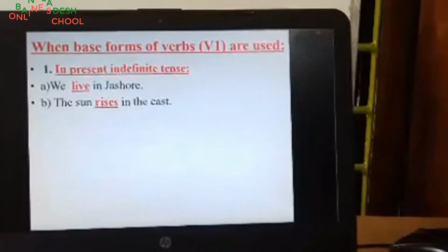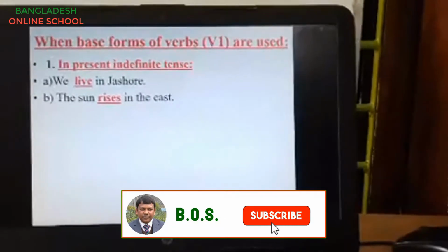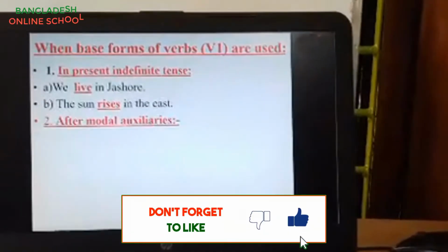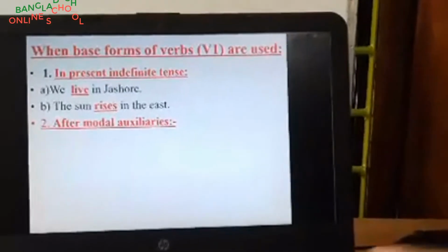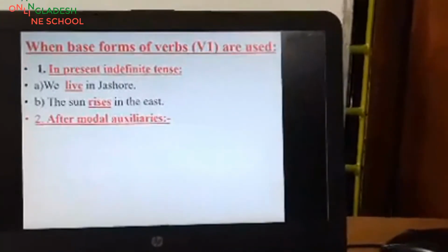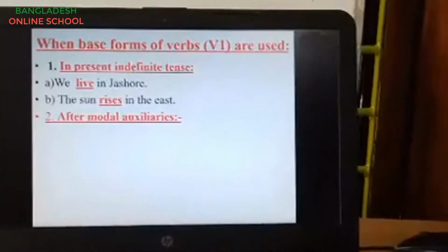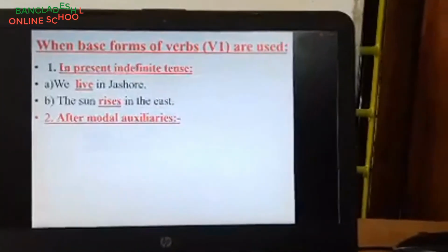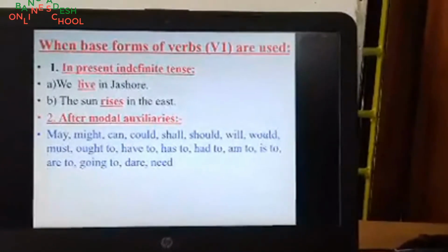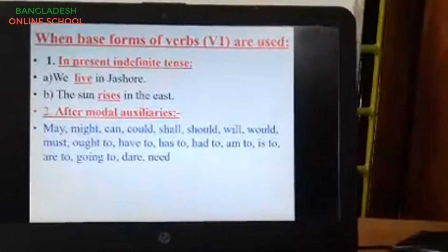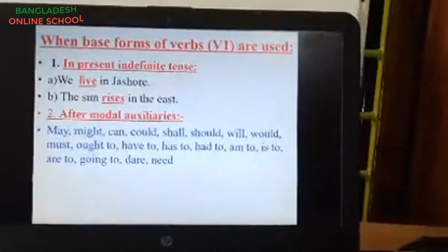Okay, come to this second point. After modal auxiliaries, base form of verbs are used. You see what the modal auxiliaries are. Now I show you the modal auxiliaries. May, might, can, should, will, must, ought to, have to, has to, had to, am to, is to, are to, going to, dare, need.